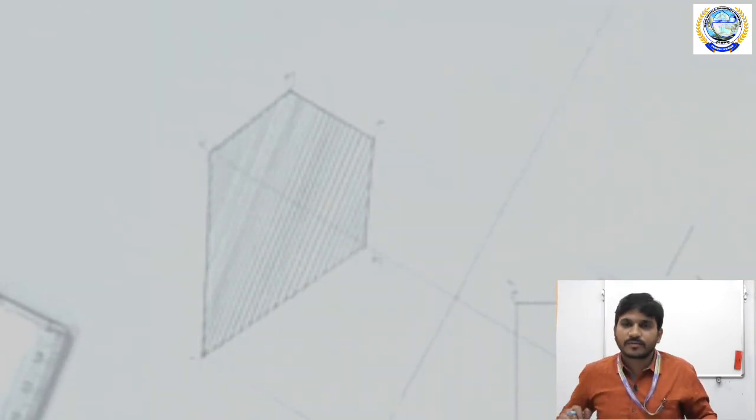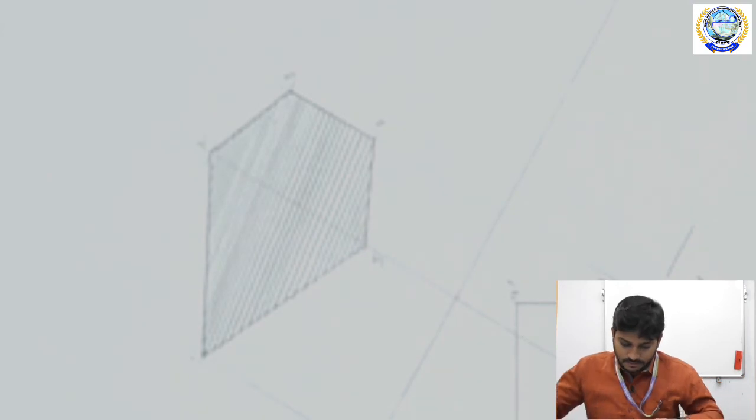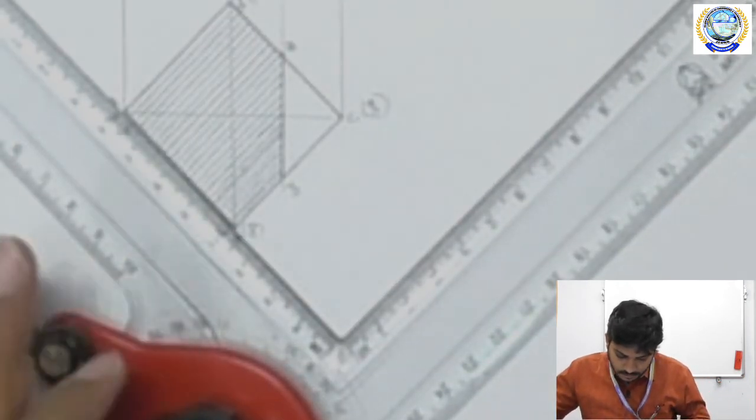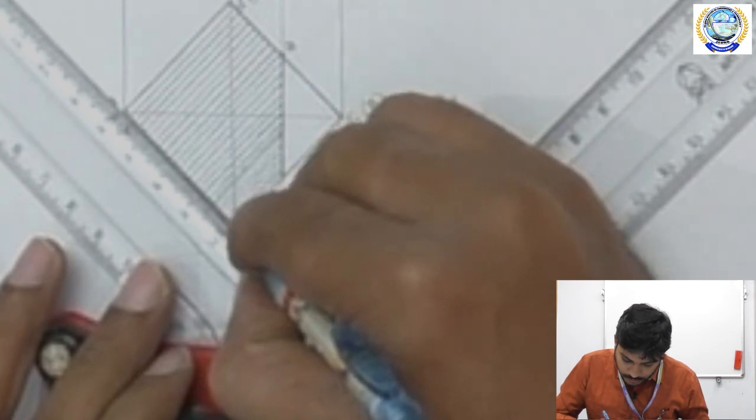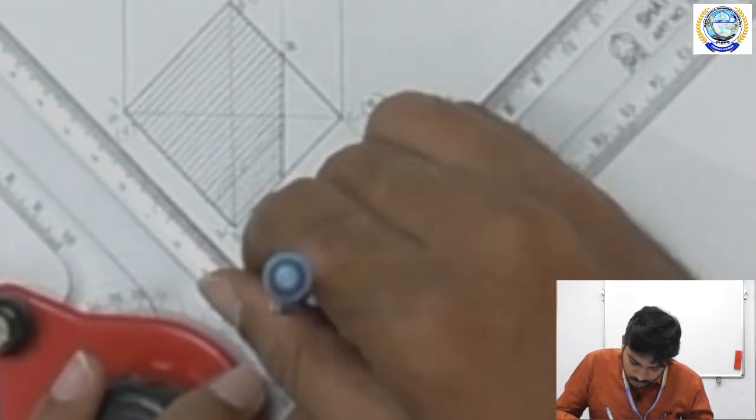This is the final diagram with the dimensions. Here now I am placing the length of the side, 40 mm.